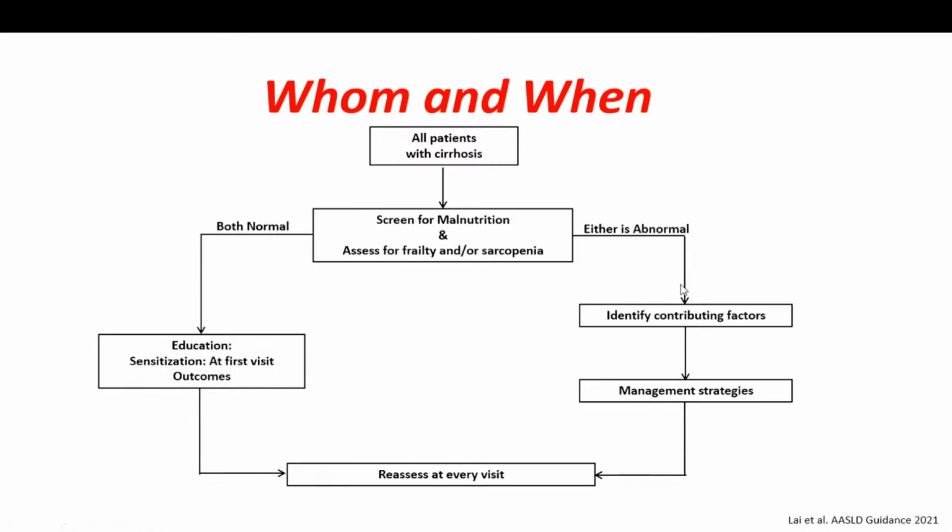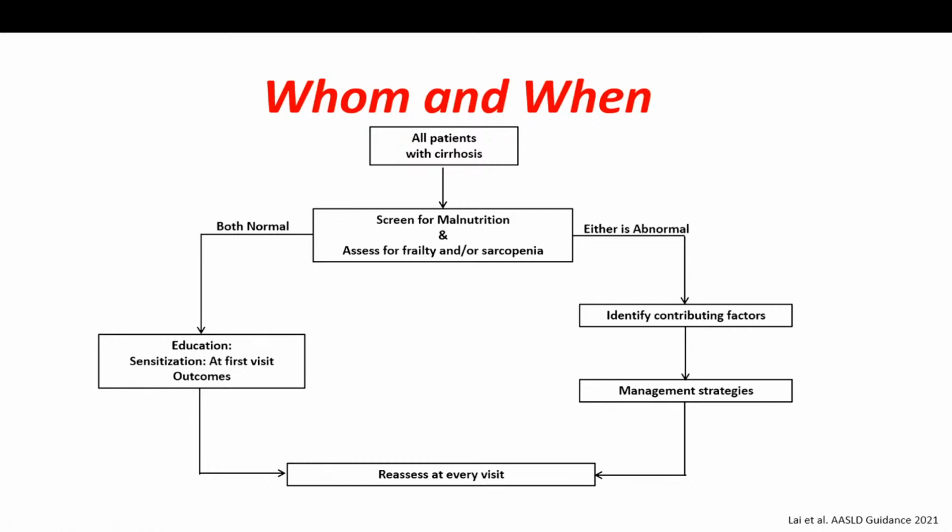Identify the contributing factors. You heard about comorbidities. Cirrhotics are predisposed to endocrine disorders, bone disorders, heart diseases, and other comorbidities associated with portal hypertension. All of these lead to more problems, so you need to manage all this. More important is that it's not just a baseline assessment.